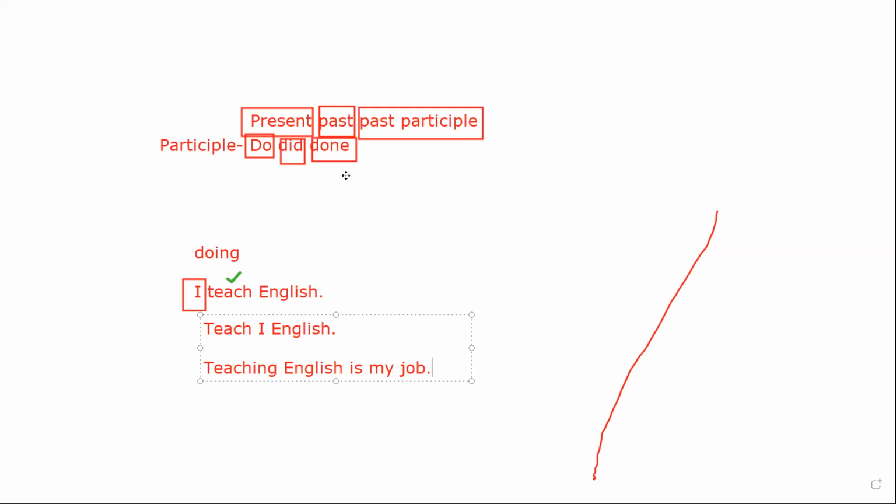So when I can make one verb a subject using ing, this is called gerund. So participle is acting as an adjective and gerund is acting as a noun.